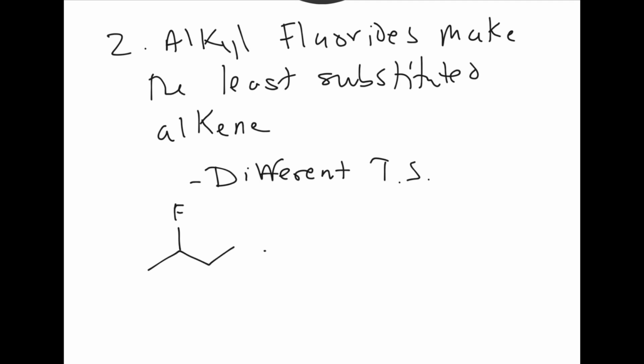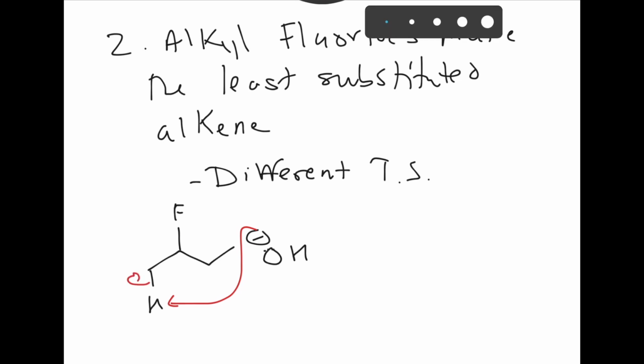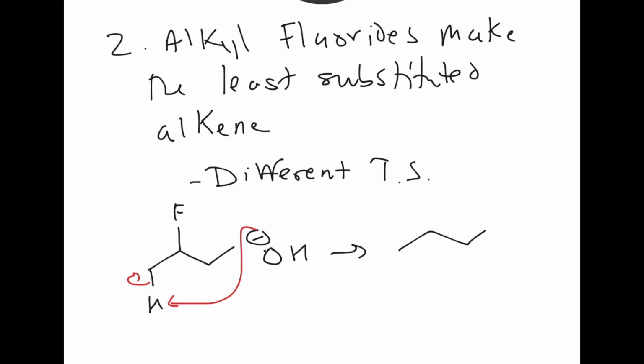You draw the mechanism the same. You've got your base, whatever it is, we'll say hydroxide, and it goes and grabs this hydrogen. But instead of the transition state looking like the double bond, the transition state when you have an alkyl fluoride looks more like a carbanion.